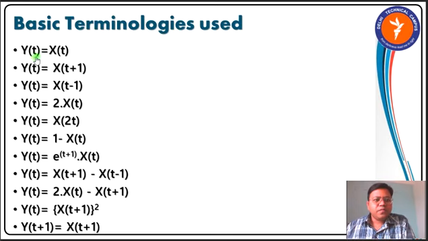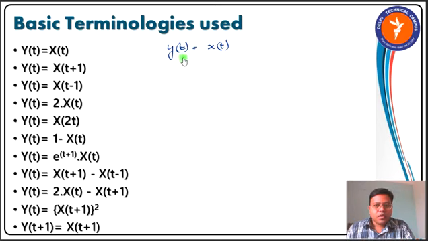Say this equation y(t) is representing a certain system. y(t) is equal to x(t). Then we have to see that output, y(t) is the output, x(t) is the input. Then in the system we will see how the output is depending on the input.